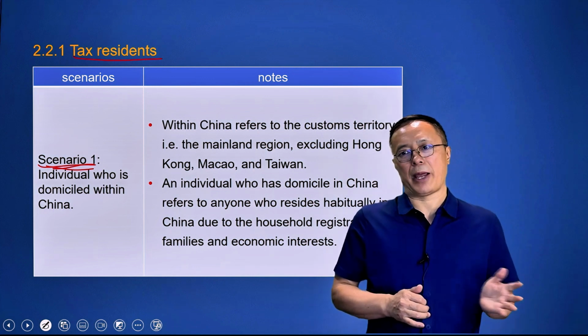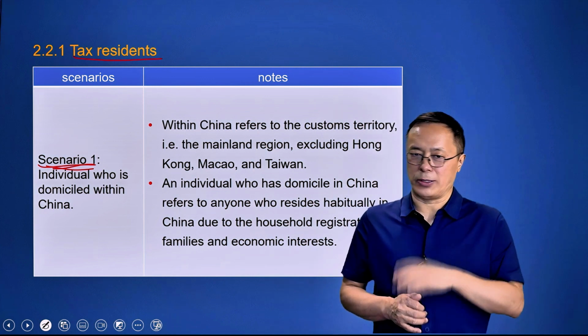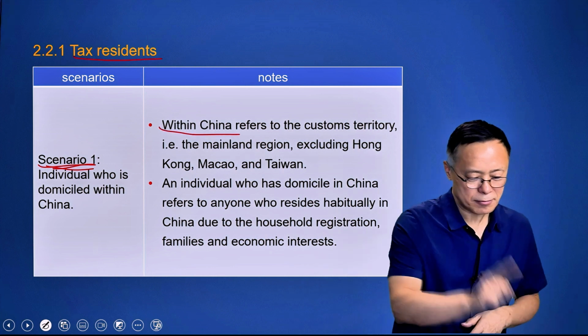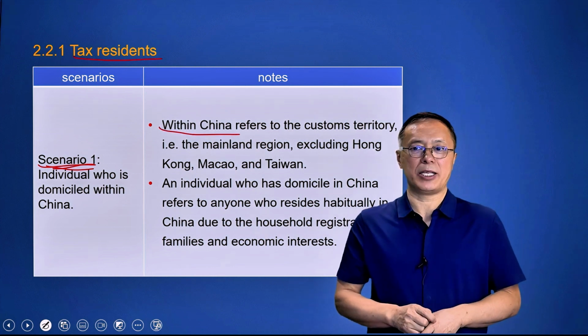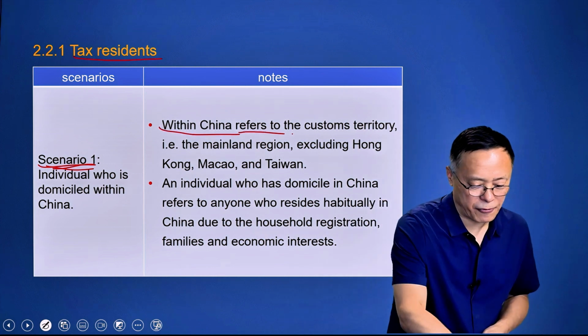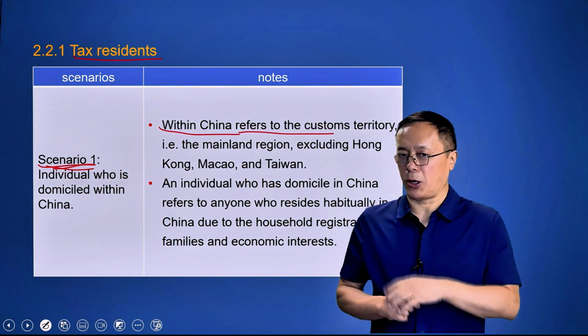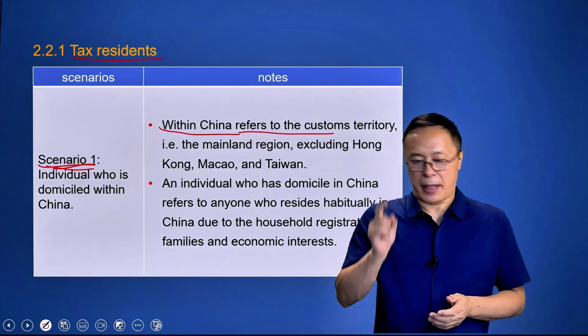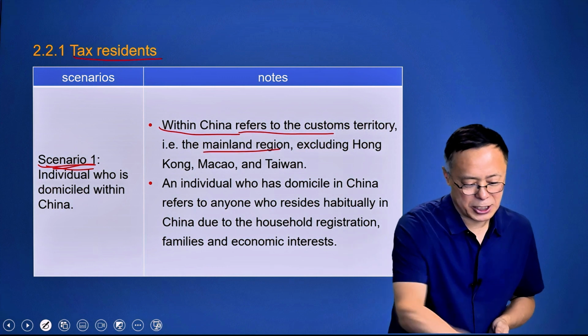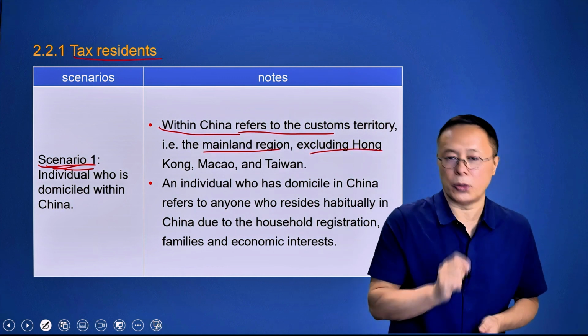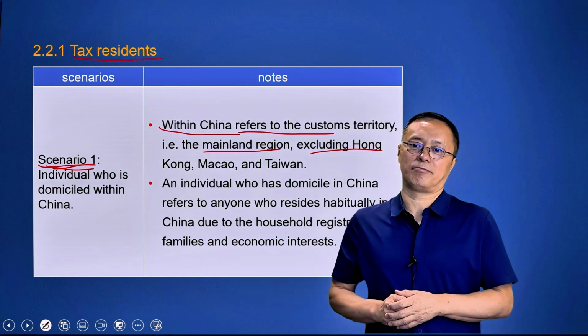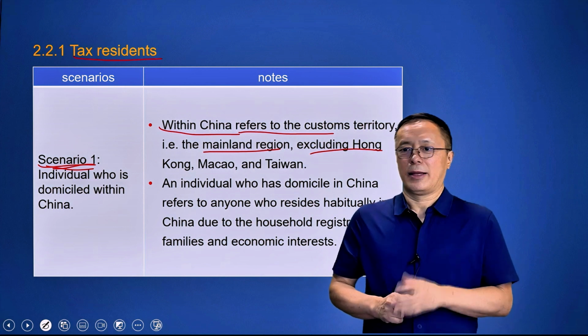As to this scenario, you should pay attention to the following 2 points. Number 1, within China. What does it mean? Within China refers to the customs territory. That is to say, the mainland region, excluding Hong Kong, Macau, and Taiwan.